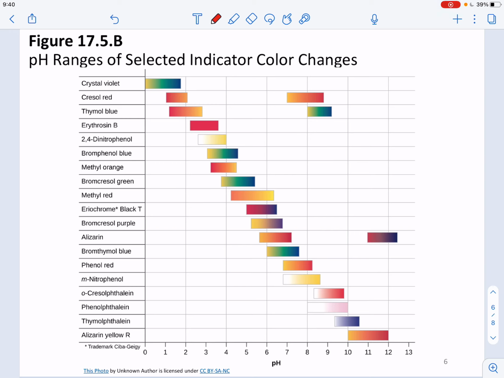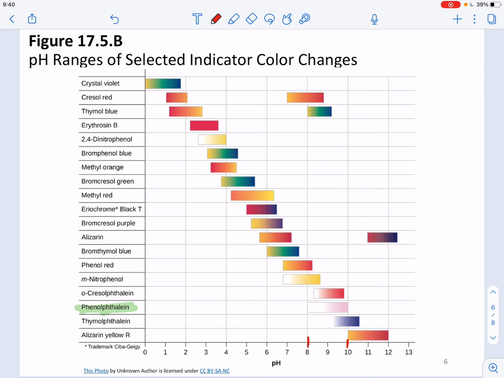Phenolphthalein, the one that we were mentioning just a moment ago, is right here. And what you see here is that phenolphthalein will change between 8 and 10. Whether you believe it or not, that's one of the most common indicators that we use in strong acid and base titrations.